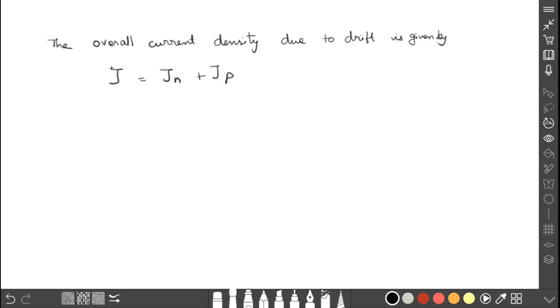So this is the current density due to drift, which is equal to, what is the Jn value? N e mu n into E, right? Plus what is Jp? P e mu p into E.